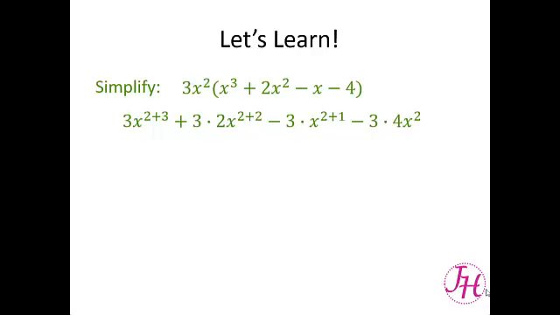So we have 3 times x to the 2 plus 3, plus 3 times 2, again we're multiplying the coefficients, x to the 2 plus 2, again we're adding the exponents, minus 3 times x to the 2 plus 1, minus 3 times 4x squared. And then we simplify. So we have 3x to the 5th plus 6x to the 4th minus 3x cubed minus 12x squared.